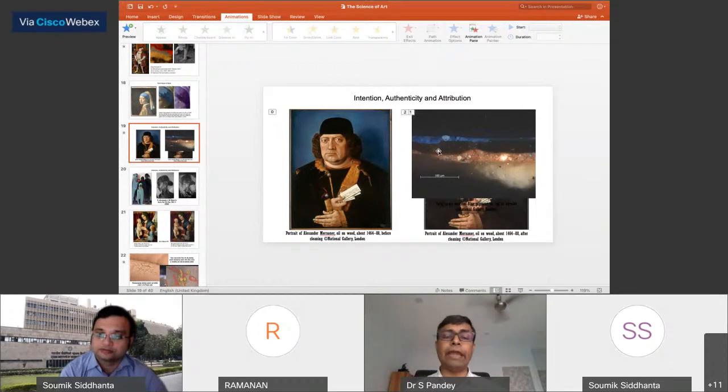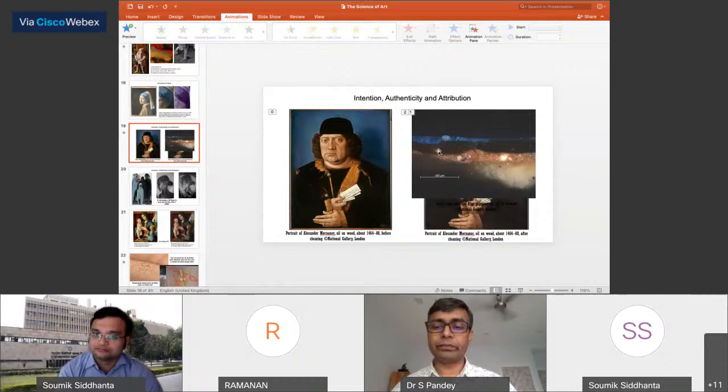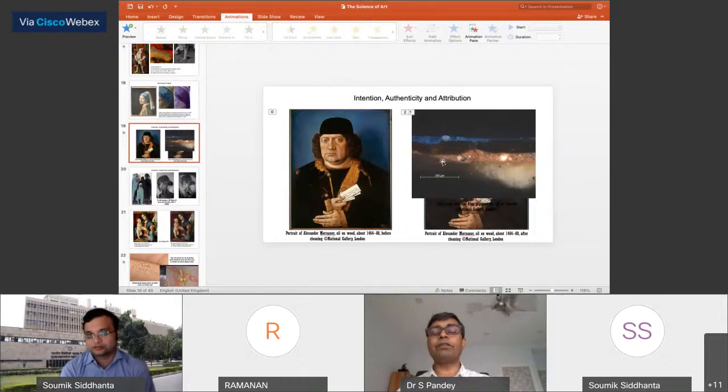Radiocarbon AMS dating requires a minuscule quantity of sample, but it still requires about 100 milligram of sample. It is not possible to extract 100 milligram of varnish from a painting like this. This layer would be a couple of microns thick. So you can't have 100 milligram of sample available, and radiocarbon dating doesn't work that way.